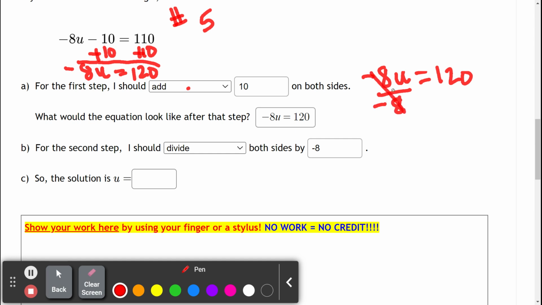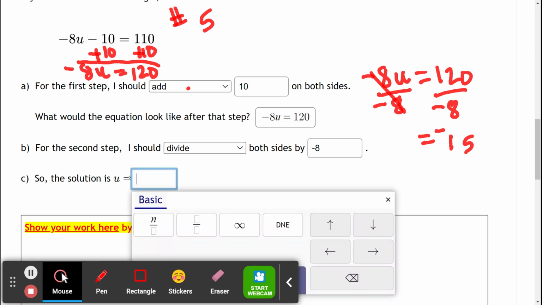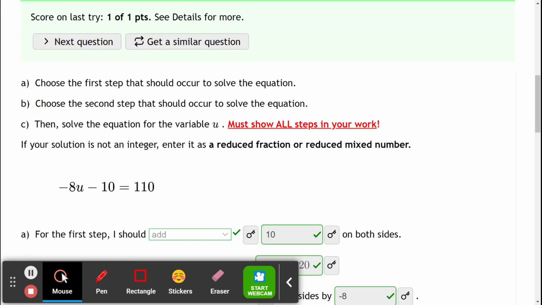See, these cancel. Divide this by negative 8. And what is that? 8 goes into 12 one time with 4 left over, that's 15, and positive divided by negative is negative. So this would be negative 15, and there we go. All good.